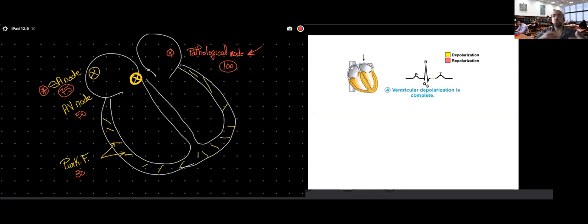That's why I will have disturbance in my heart rate. Ectopic focus. All right, so you follow the fastest node, regardless if it's a normal node that you have in the heart or a pathological node.